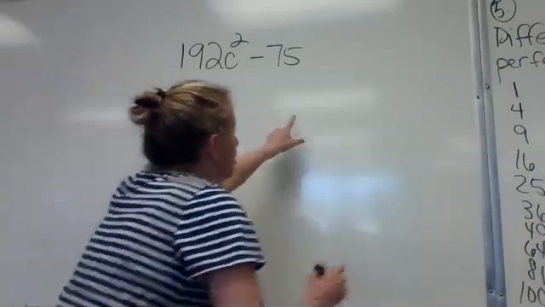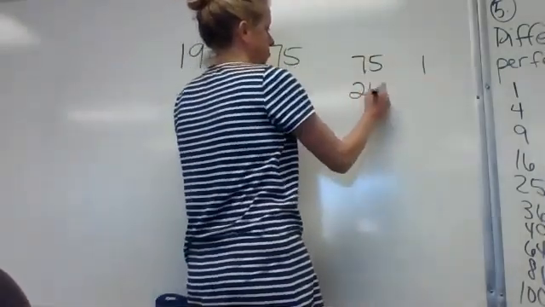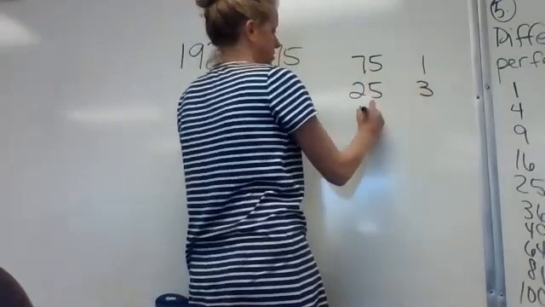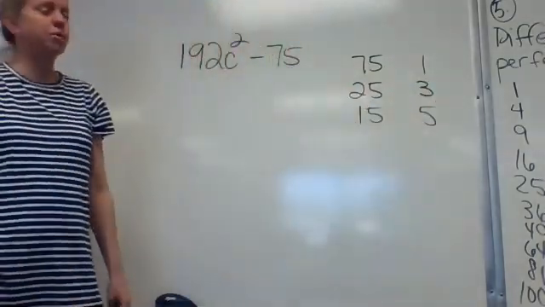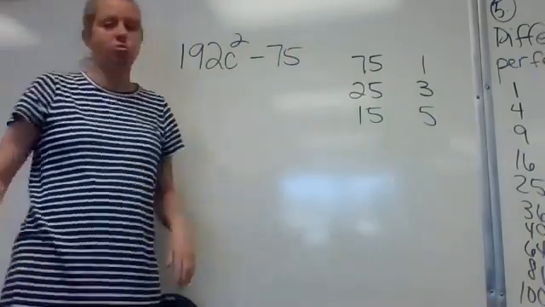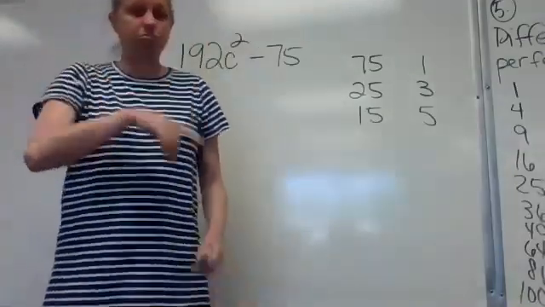I'm going to use my small number, 75 and 1. I'm thinking somewhere in there, probably one of those numbers also goes into 192, which means I'm going to be able to pull it out.